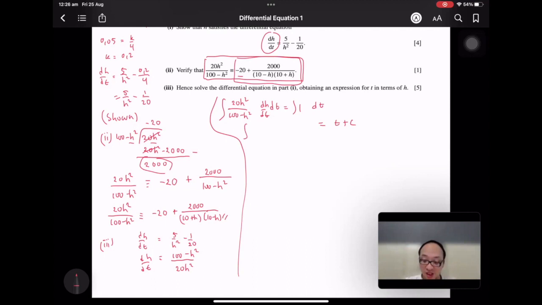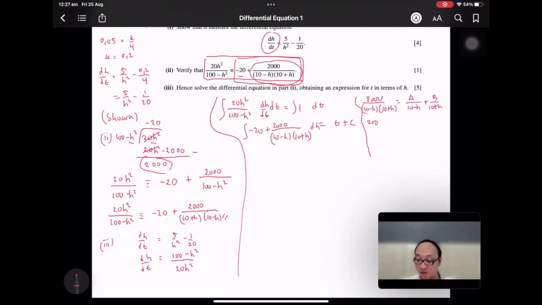So it's the integral of negative 20 plus 2000 over 10 minus h and then 10 plus h. Now we have to change this form using partial fractions. So 2000 over 10 minus h, 10 plus h, becomes A over 10 minus h plus B over 10 plus h.